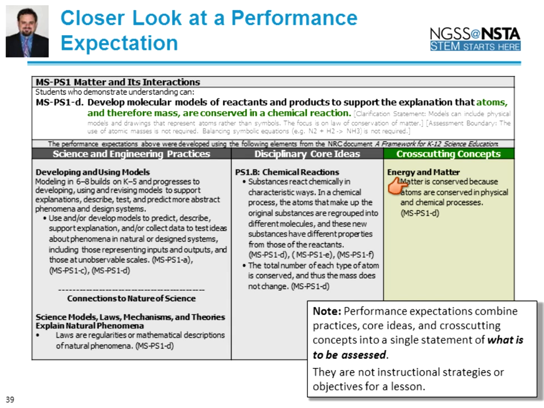And then this idea of conservation, that matter is conserved, because atoms are conserved in physical and chemical processes, is a cross-cutting concept. And so this statement blends those 3 different elements together and is a method of assessing students' understanding not just of content, but also their ability to engage in practices and understanding of practices and their understanding of cross-cutting concepts. Again, a lot of different choices could be made in how teachers would go about getting students to have these understandings so they'd be prepared for those assessments.